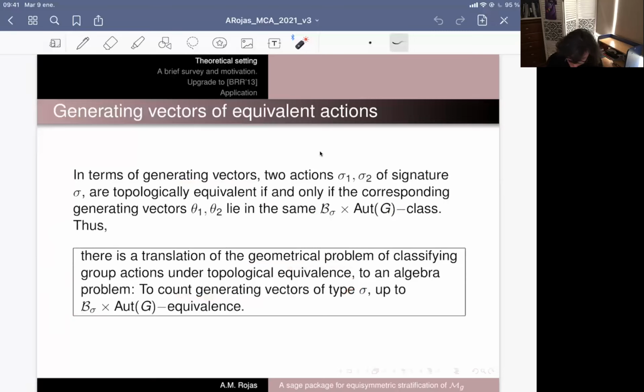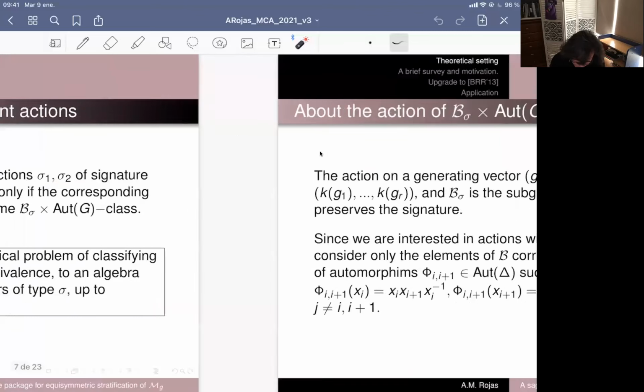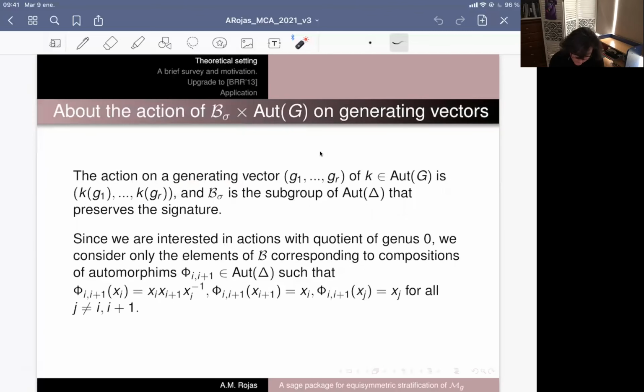This theory has been very fruitful in the theory of Riemann surfaces and group actions. Given these translations, we decided to put that in a program that will help to study these things for higher genus and that kind of question.